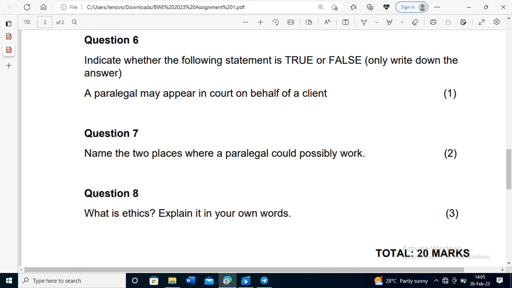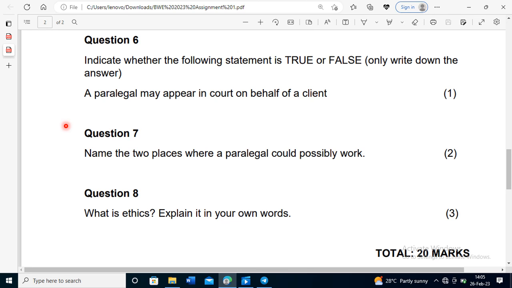Question 7. Name the 2 places where a paralegal could possibly work. So I do believe that if you go to page 38 under role of paralegal in a law firm, that part on page 38, you're going to be able to understand where a paralegal works.